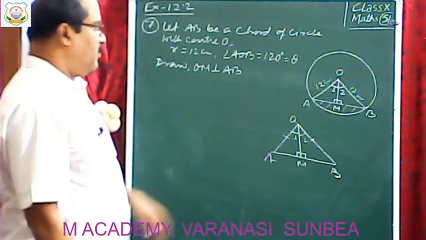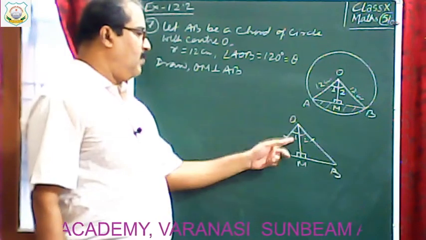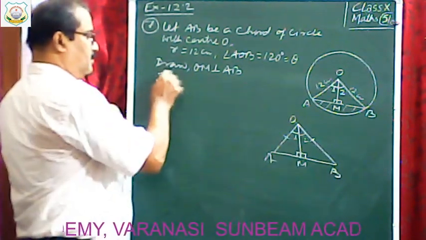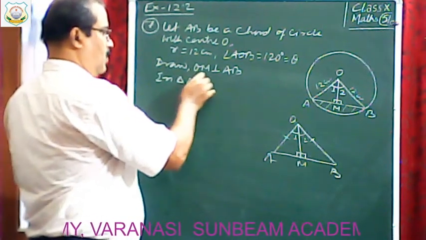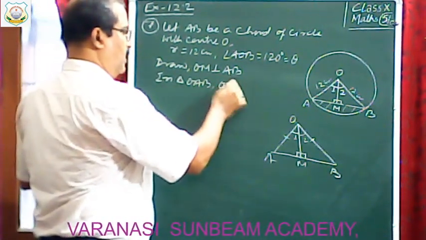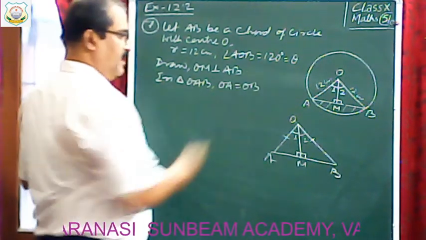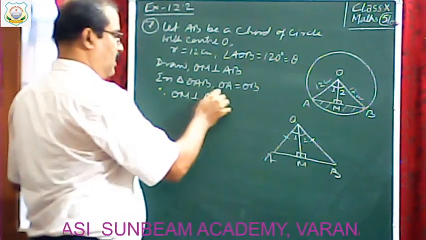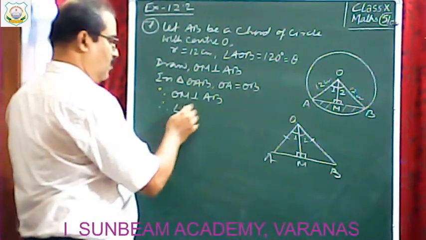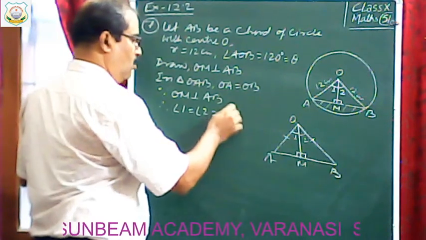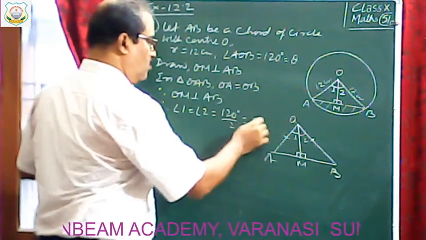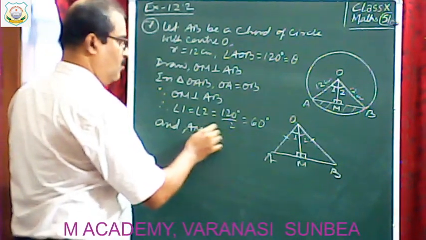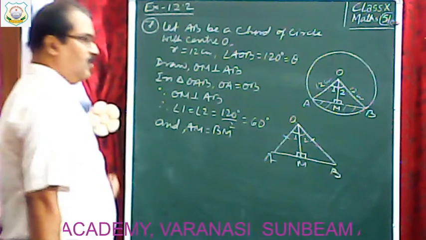The vertical angle is 120 degree, then angle 1 equal to angle 2 equal to 60 degree. So in triangle OAB, OA equal to OB, radii of the circle, since OM perpendicular to AB, angle 1 equal to angle 2 equal to 120 by 2 equal to 60 degree, and AM equal to BM.